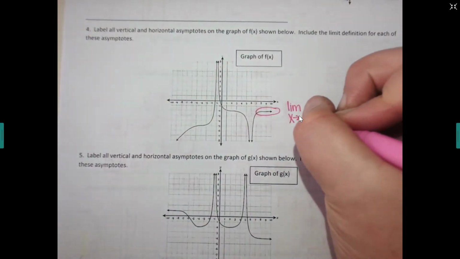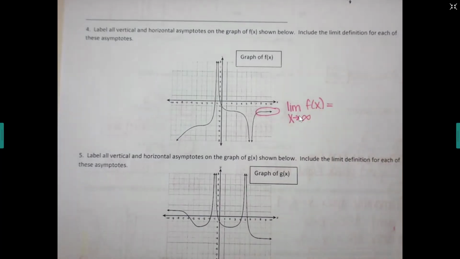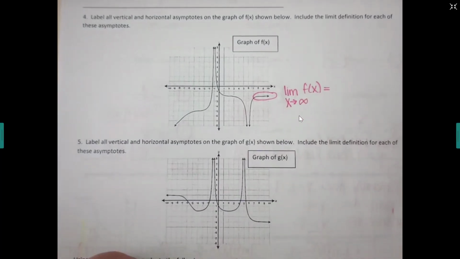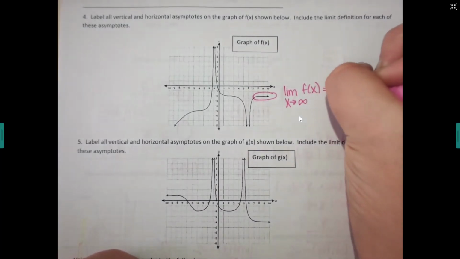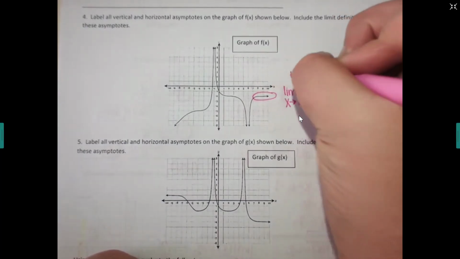Infinity is correct. And then f of x equal to the value that it's curving off to. So what y value is the right end of the graph curving off to? -2, very good. And that is a horizontal asymptote.